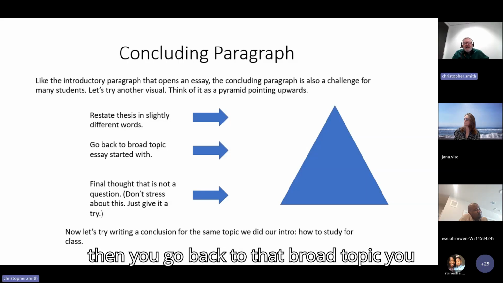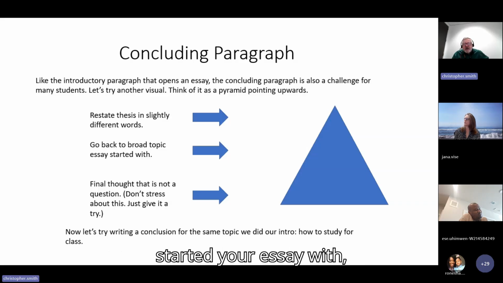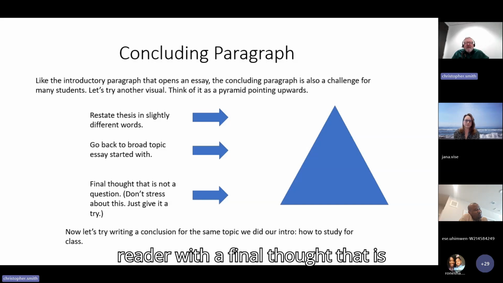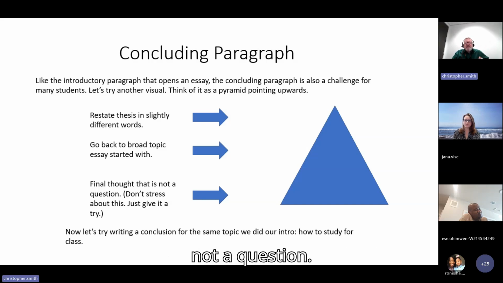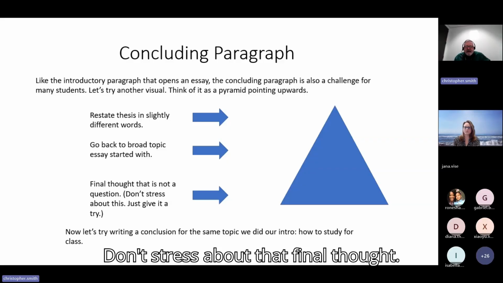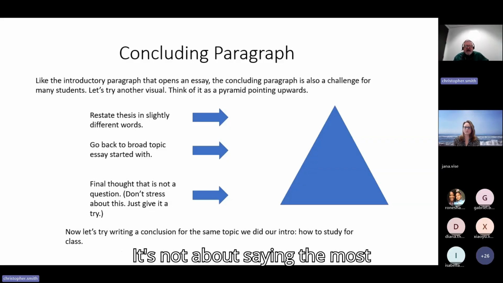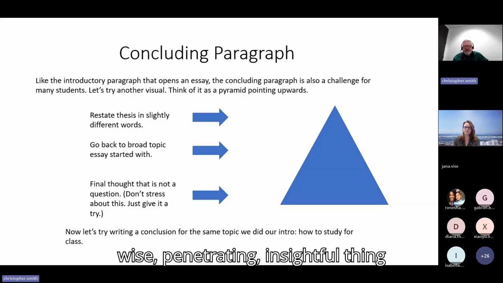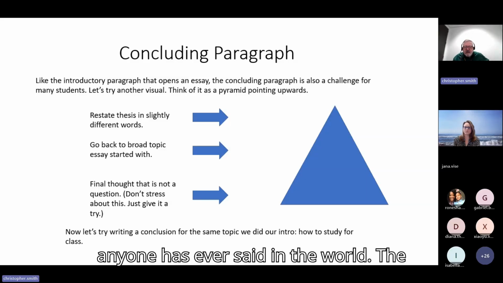Then you go back to that broad topic you started your essay with, and then you leave the reader with a final thought that is not a question. Don't stress about that final thought. It's not about saying the most wise, penetrating, insightful thing anyone has ever said in the world.